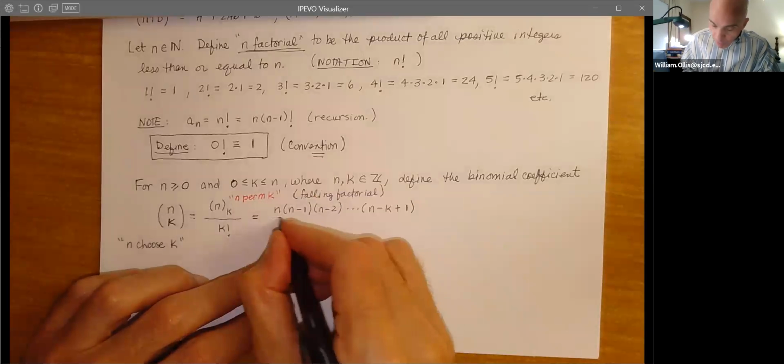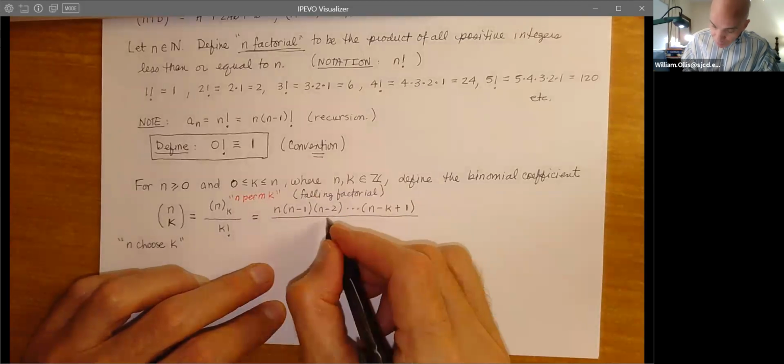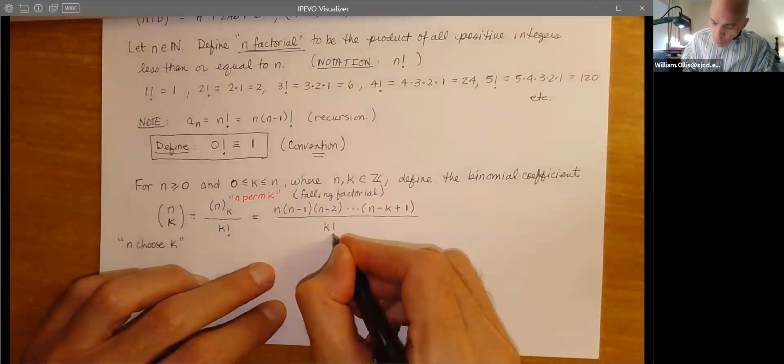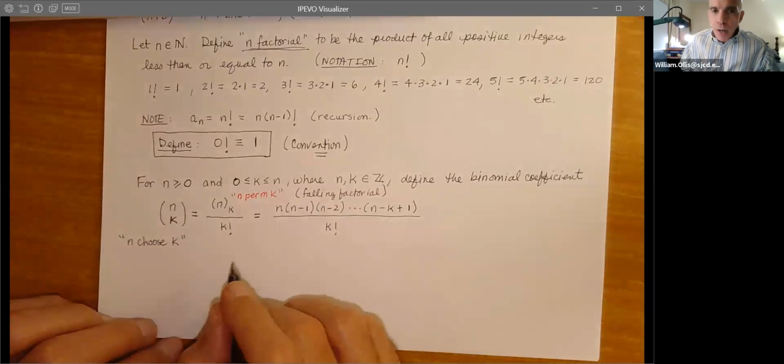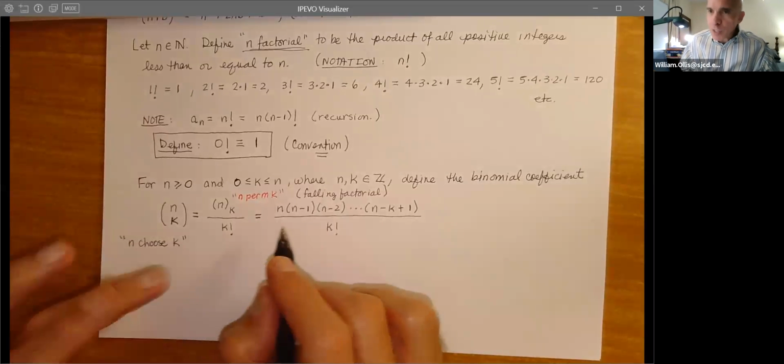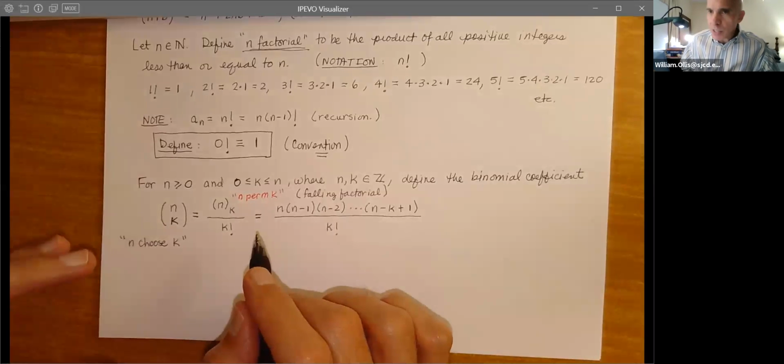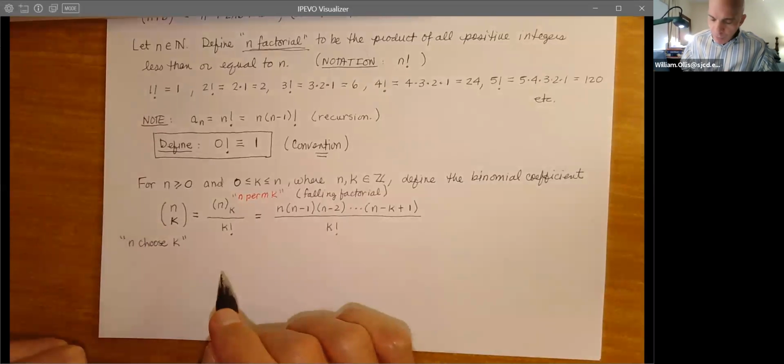And then, of course, we divide by k factorial. Now, there's several identities that we're going to use, or at least a couple, not several, just 2 that are of main importance to us.